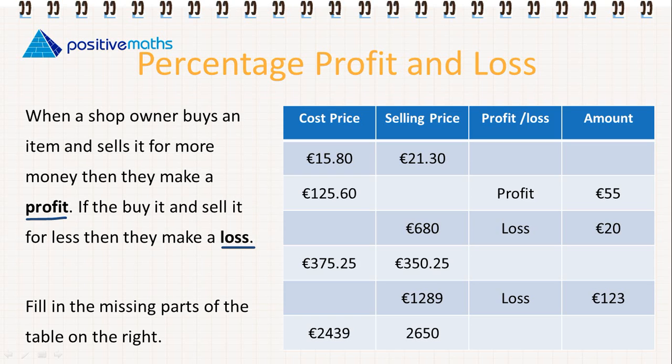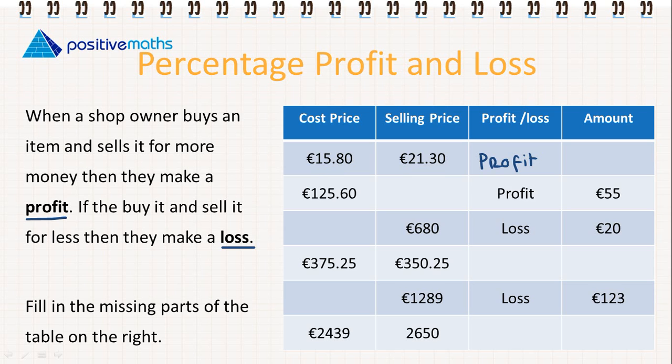Okay, so if the cost price is $15.80 and the item is then sold for $21.30, it's going to be a profit, because the selling price is more than the cost price.